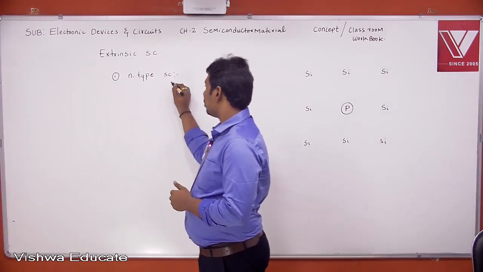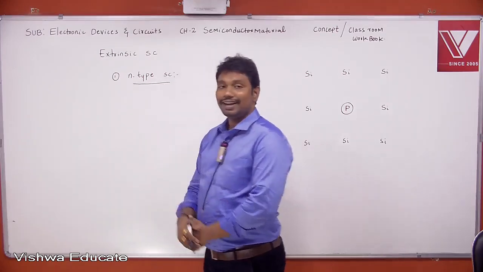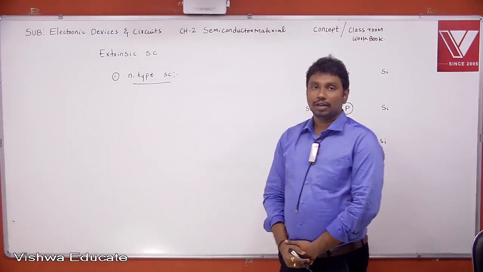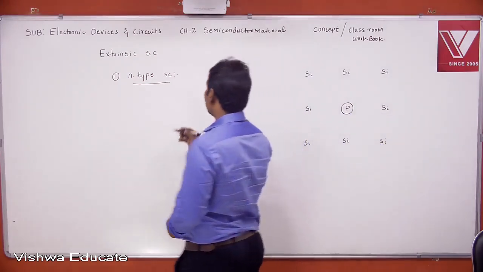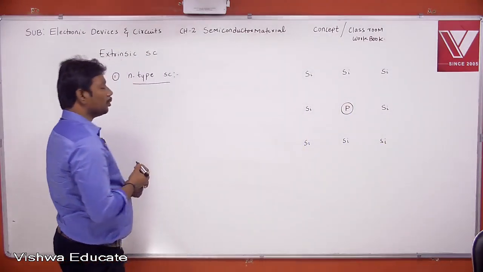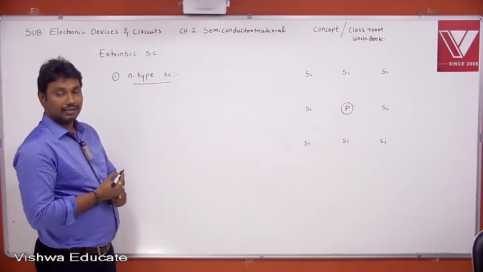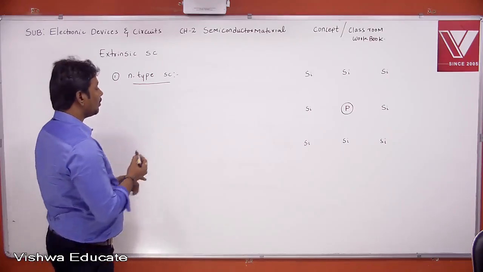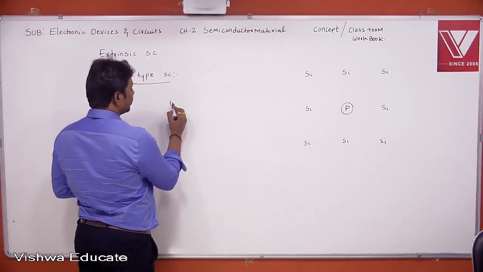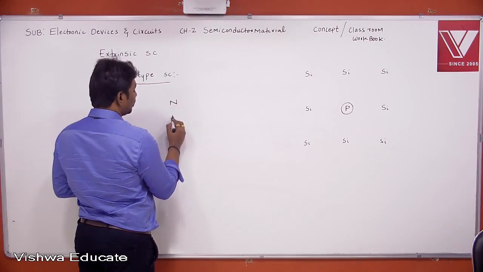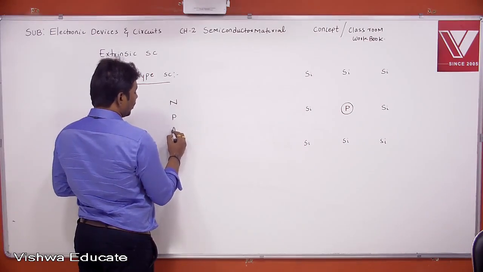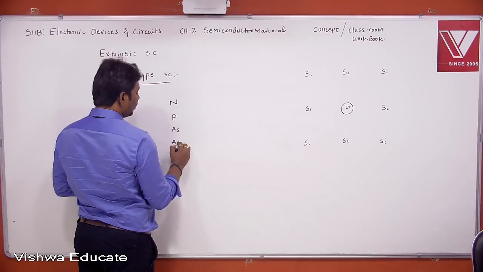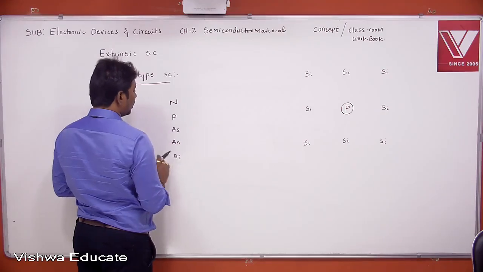Here, first of all, how is this n-type semiconductor formed? This n-type semiconductor is formed by adding pentavalent impurities to the pure form of semiconductor like silicon or germanium. What are the pentavalent impurities? The pentavalent impurities are nitrogen, phosphorus, arsenic, antimony, bismuth. Right?